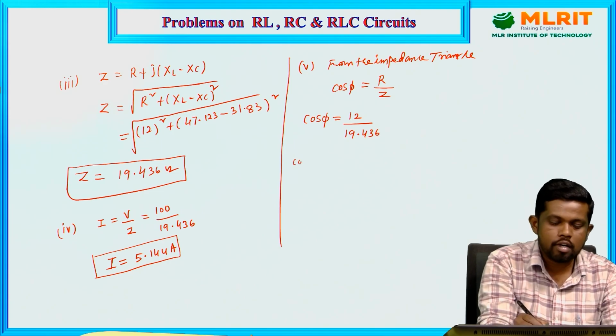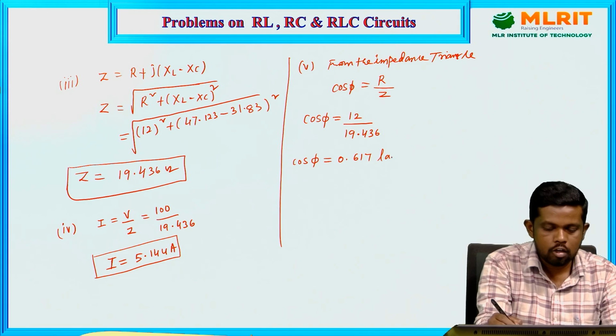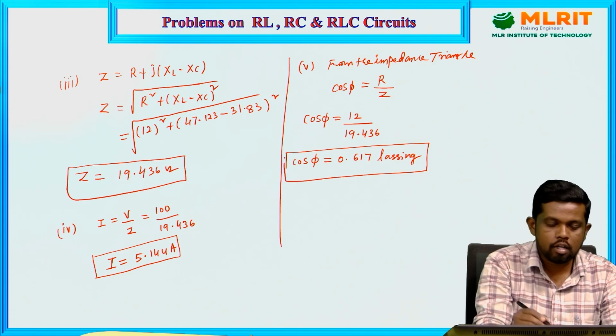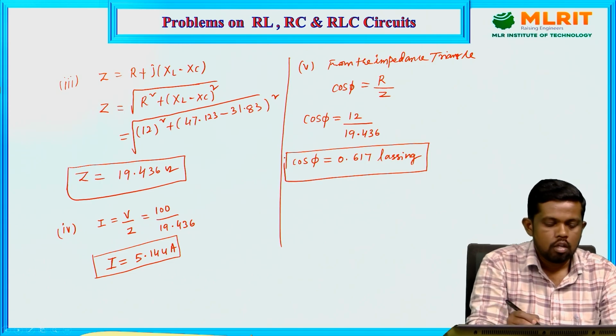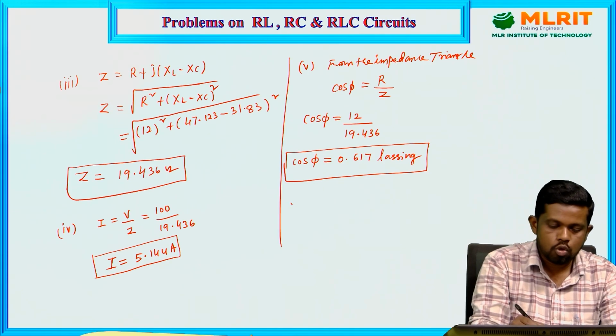Therefore the power factor offered by the network due to the power source should be 0.617 lagging. So this much power factor is offered by the network. Then the last question is question number 6, the active power consumed by the network.